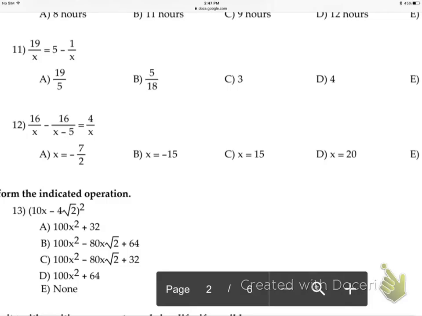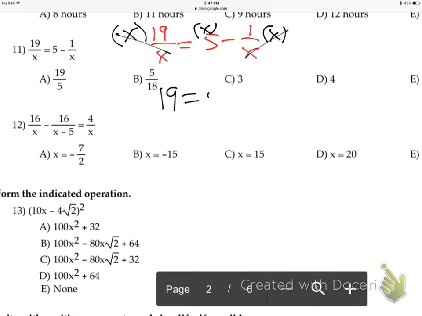All right, so what do we do when we got fractions left and right of the equal sign? Top, top, top. So what's the common denominator on this one? Just x, huh? So just go top, top, top, cancels here, cancels there. 19 equals 5x minus 1.